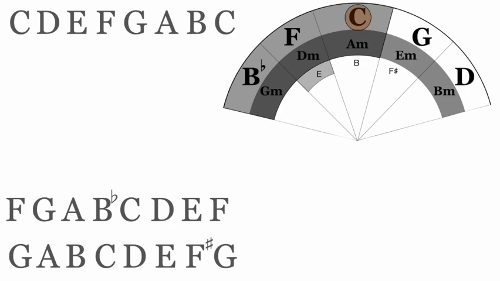Okay, now we have some information about our neighboring chords or neighboring keys, if you will, my bad. Now we've got this B flat and this F sharp. Those are really the distinguishing differences in our scale between C major and its neighbors.